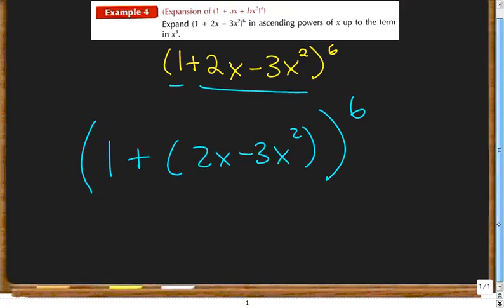What we need to do right off the bat is make sure that since it's to the 6th, we need 6 rows. So we've got 0, 1, 2, 3, 4, 5, and 6.